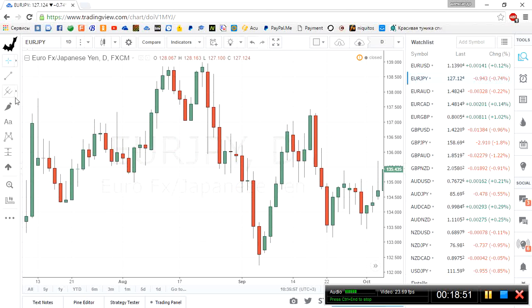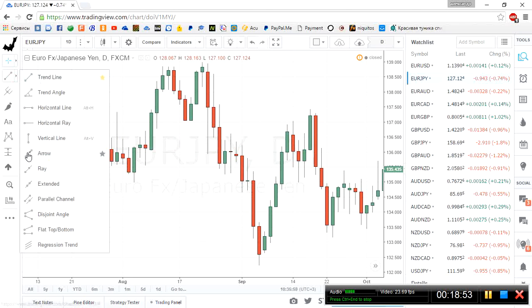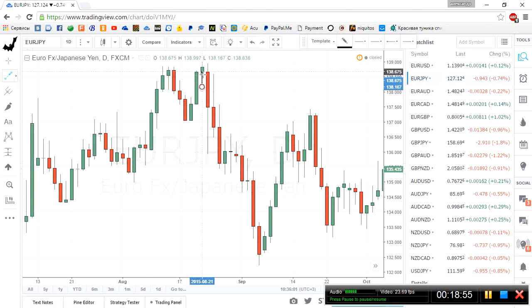Okay, let me have the drawing tool here, the arrow tool. This is the candle that started moving to the upside. Then we go to next, high to low. Of course, we are moving to that high first, then to the low, just connecting lows and highs. Note that this candle is green, so we are moving from the high to low.